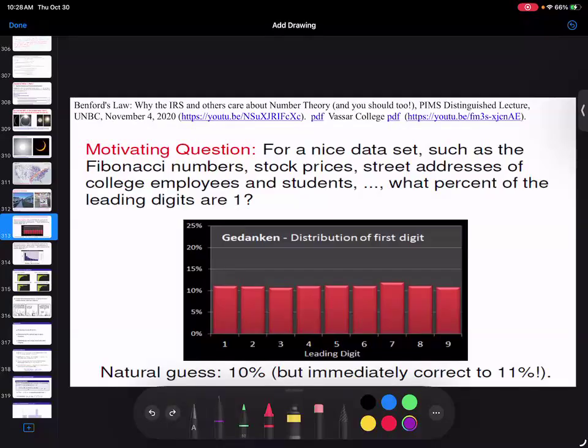Do you think all data sets will have first digits equally likely? What do you think? If you give me a data set that you don't think is going to have all digits equally likely. Somebody give me a data set.